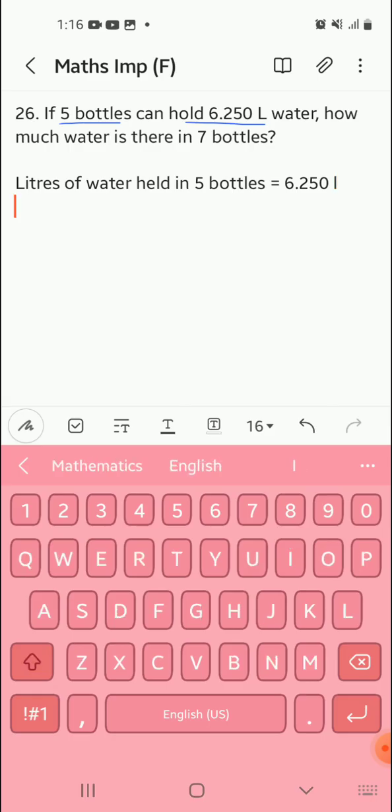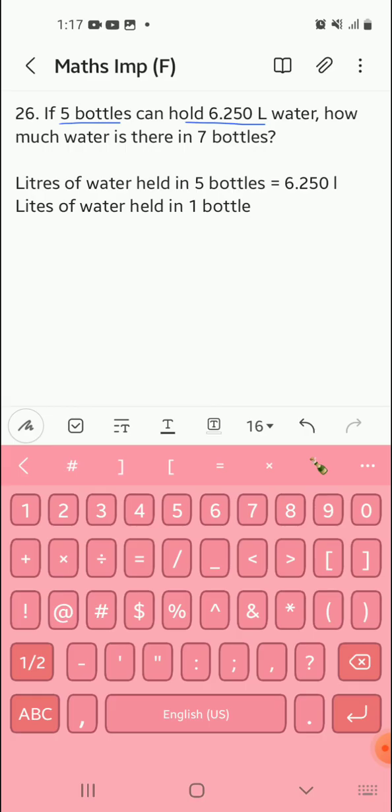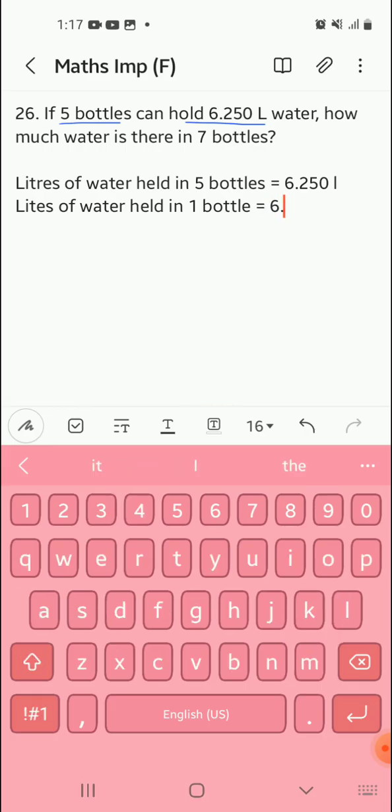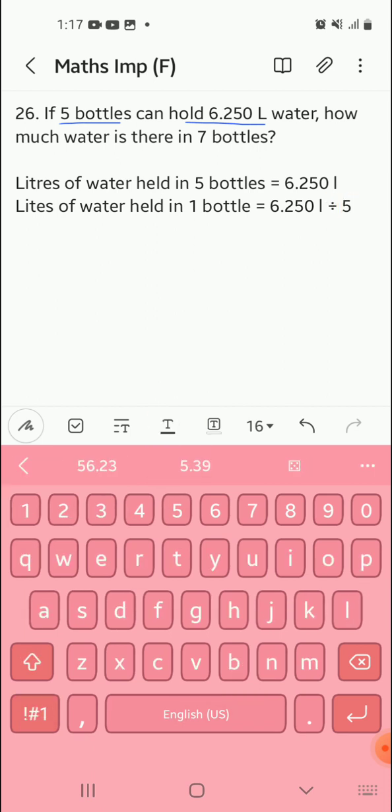For that, we have to first find out liters of water that can be held in 1 bottle. So, liters of water held in 1 bottle. In order to find this out, we have to divide 6.250 liters by the number of bottles, that is 5.